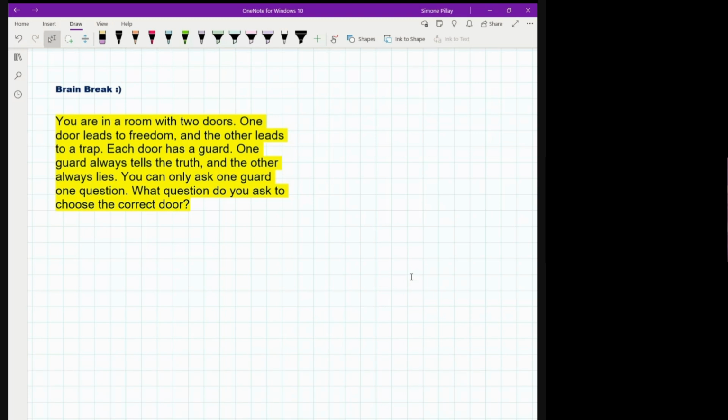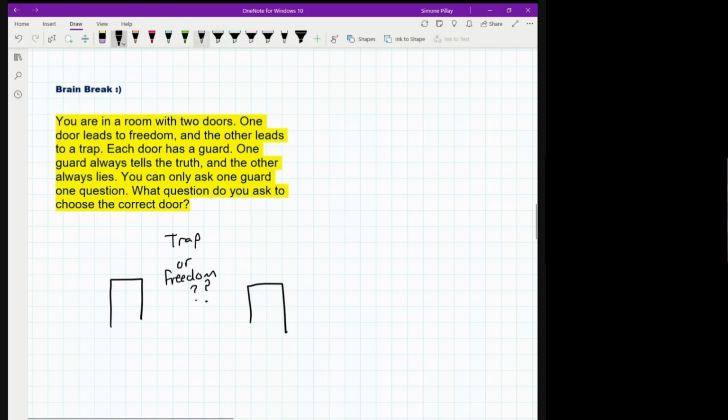You're in a room with 2 doors. One is a trap and one is freedom. We don't know which door is which.